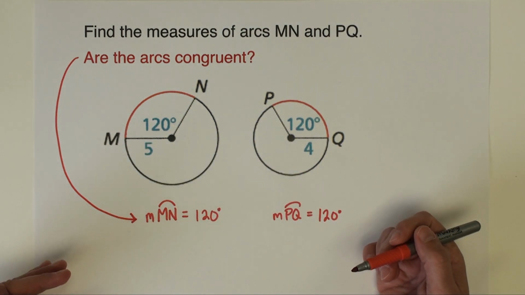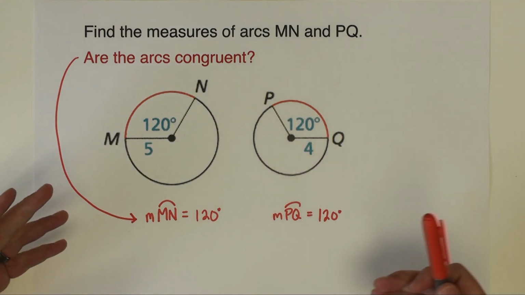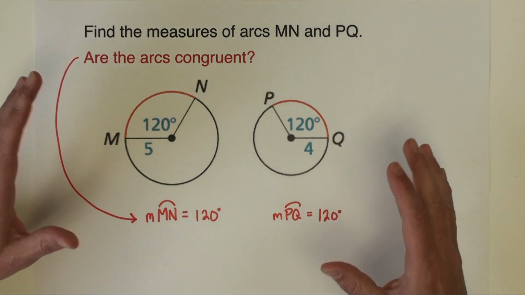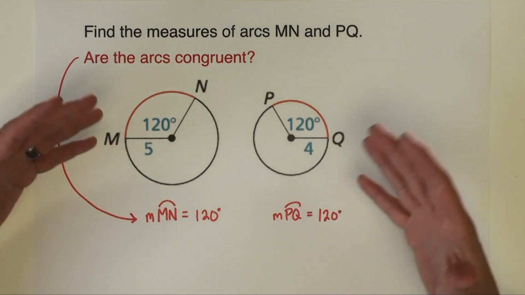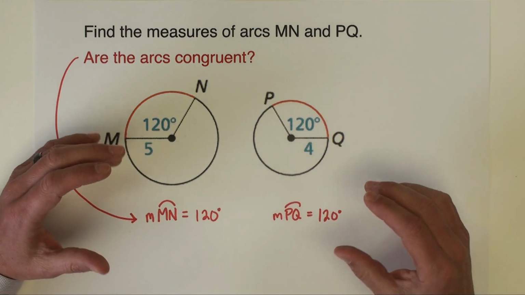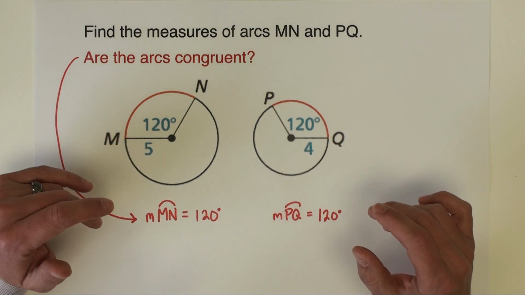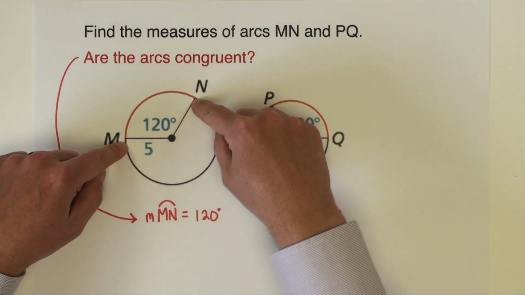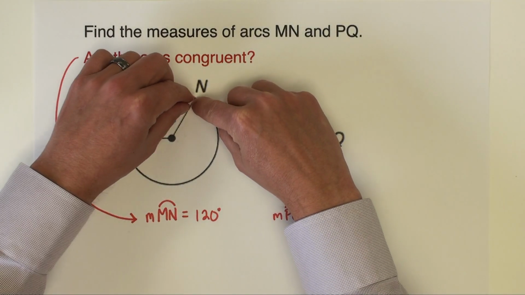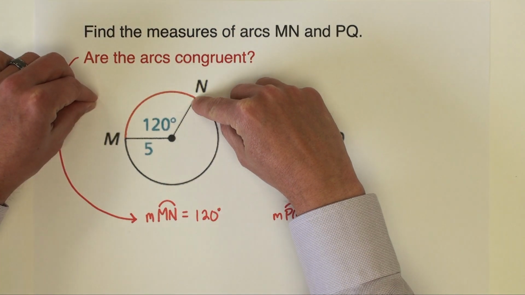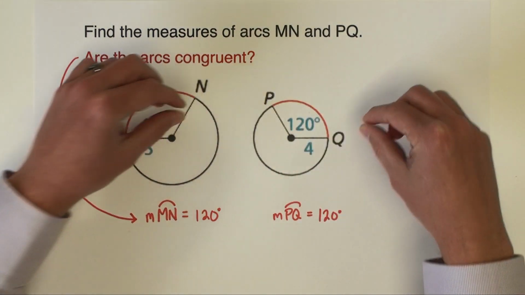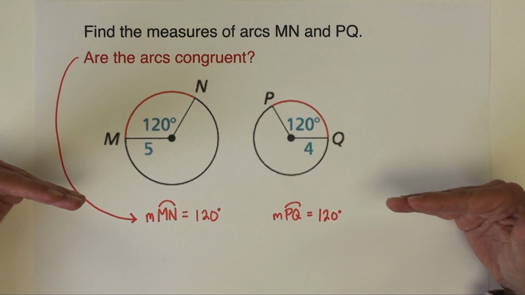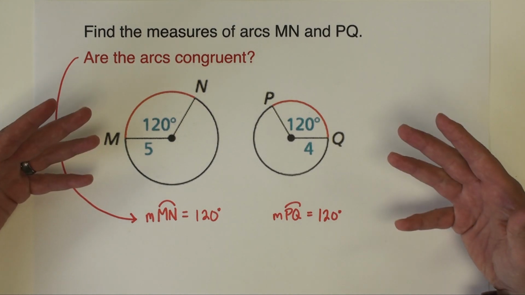Are they congruent? When we talk about congruence, we have to think of congruence coming from length. Think like rigid motion, congruent polygons, things we've talked about in the past. If I were to take these two arcs and unwrap the circle and lay them end to end, and lay this one straight, would the lengths of those line segments be the same?